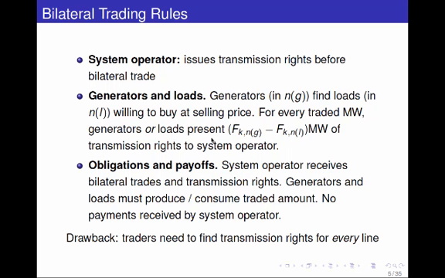Fuel cost, right, production. And for the rights, I also introduced a new decision variable, FGK, which is the amount of rights on line K, by G.